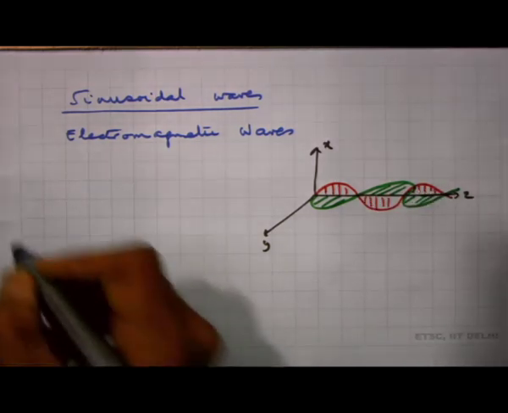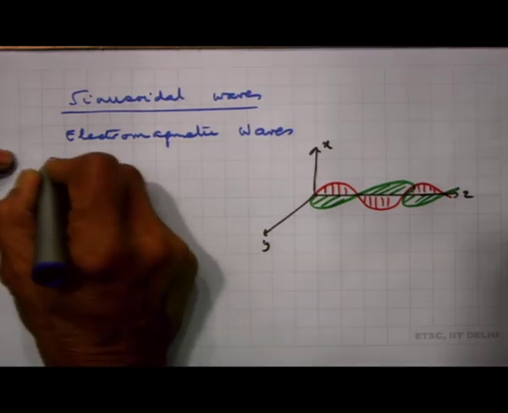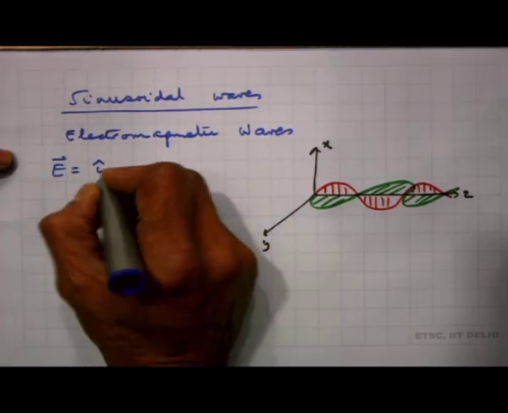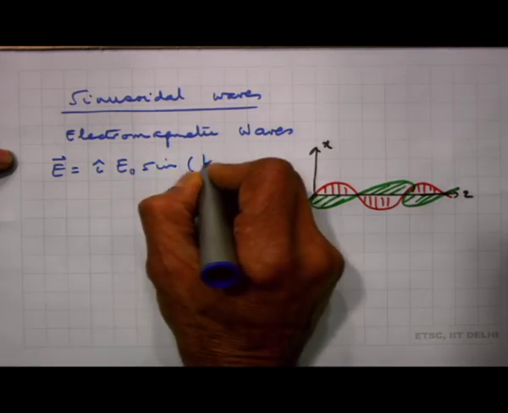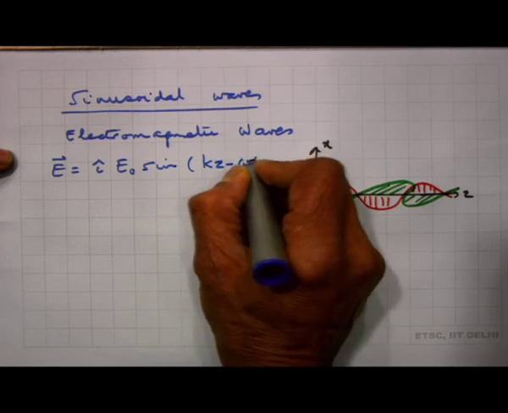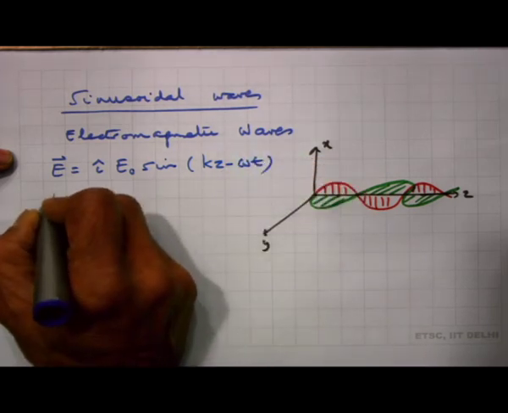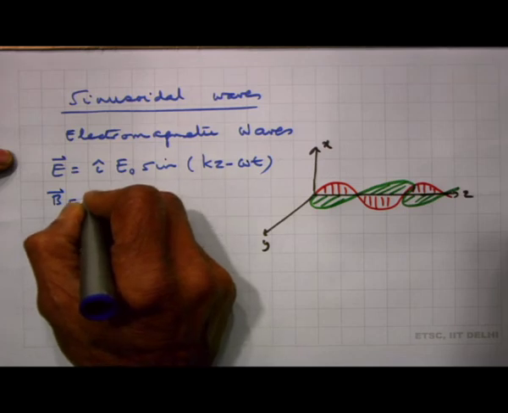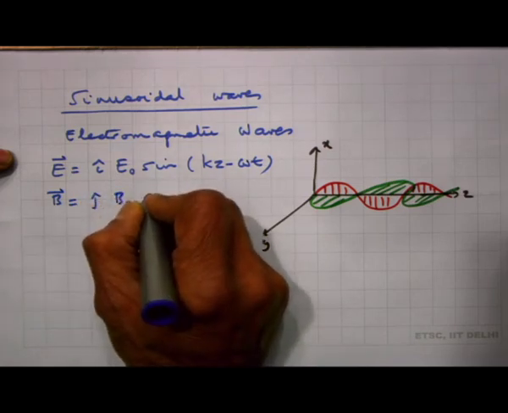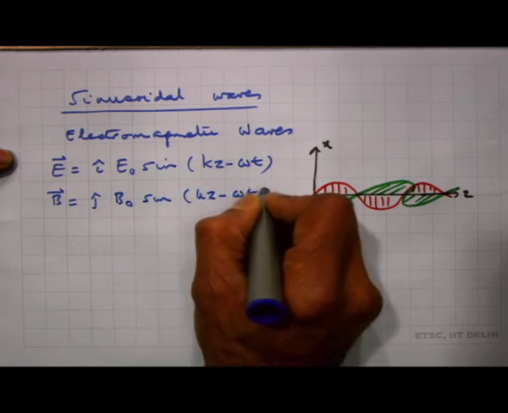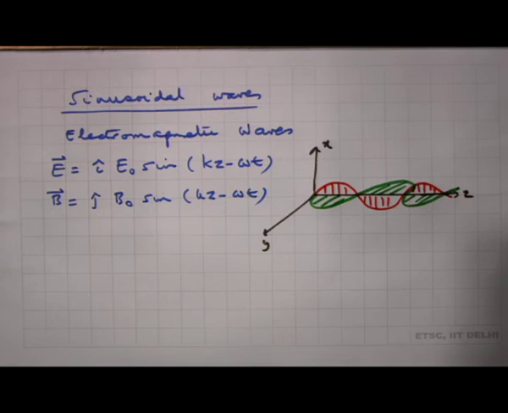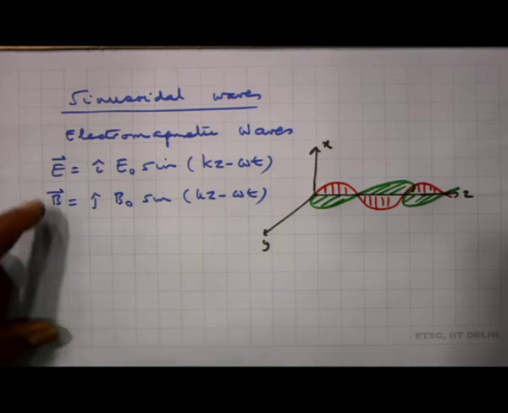So, I will write, for example, E is equal to i cap E 0 sin(kz minus omega t), and the B vector is equal to j cap B naught sin(kz minus omega t). These are equations which are very similar to the equations we had written for waves on a string.